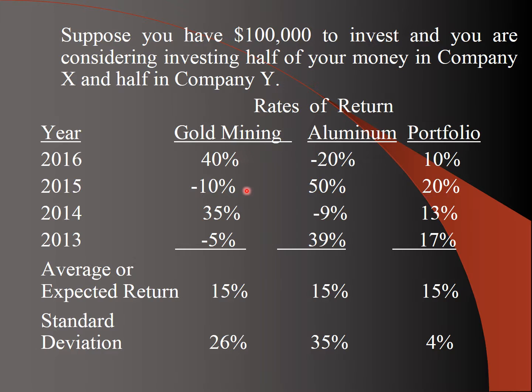So while gold mining is going down, even though it's still positive, if we pretend the negatives aren't there, notice here it goes up. And here it goes down from 50 to 9%, again assuming the negative's not there. And here it goes up from 10% to 35%. So my point is that you don't have to have negative numbers in order to have negative correlation. It's just that if the returns move opposite one another, then you have negative correlation. And that's the condition that has to be necessary to allow us to diversify away that risk.